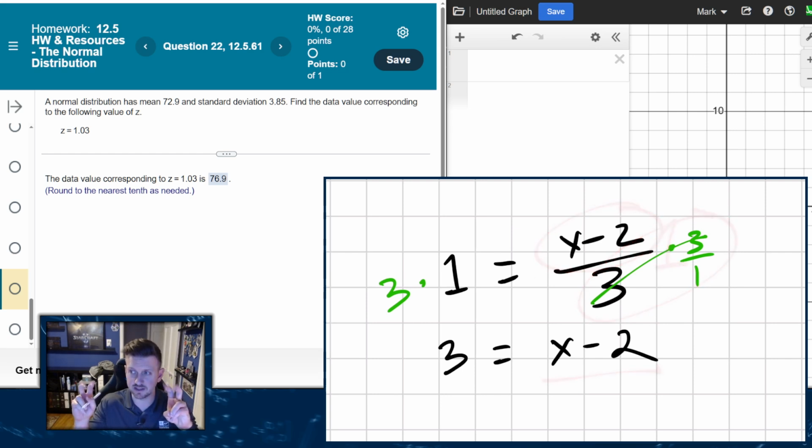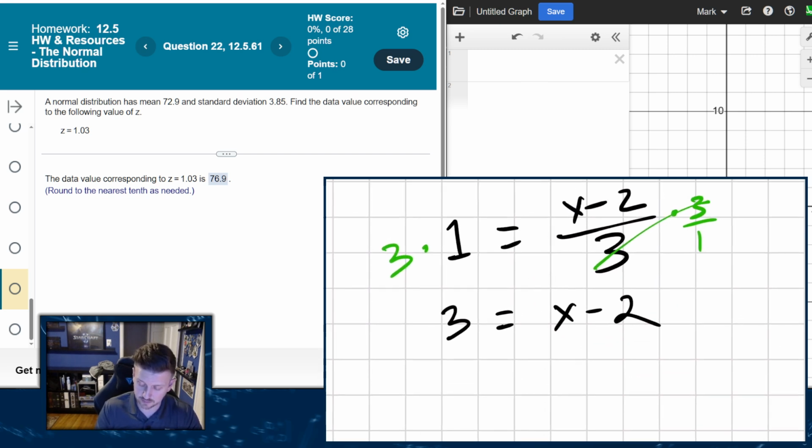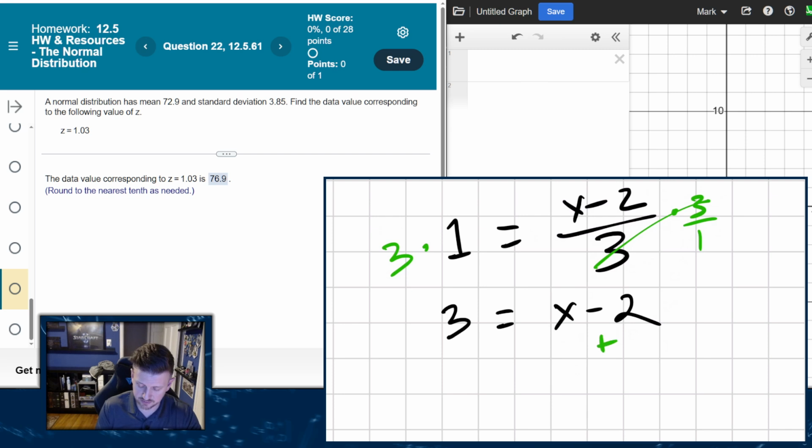That's why it kind of feels like it went away: it became a times 1, and anything times 1 is itself, the itself being x minus 2. Now we need to add this 2 over, so I'm going to add 2, and that's how we end up with 5 as our x.